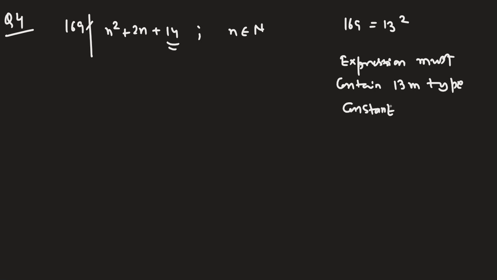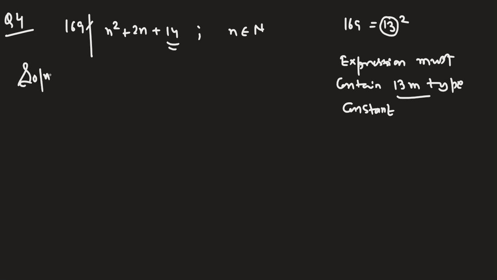In your factorizations or in your expression, you have to manipulate in such a way that the constant will be of the form 13 times m, because here is 169 which is the square of 13. So we want to include this number as a constant in my result.